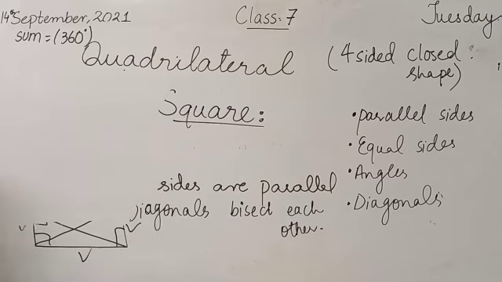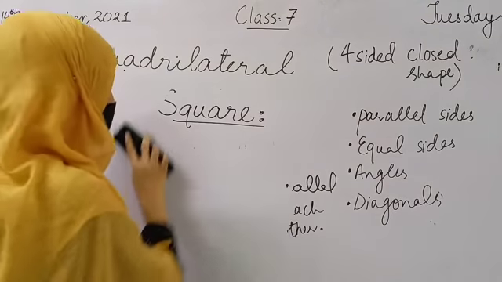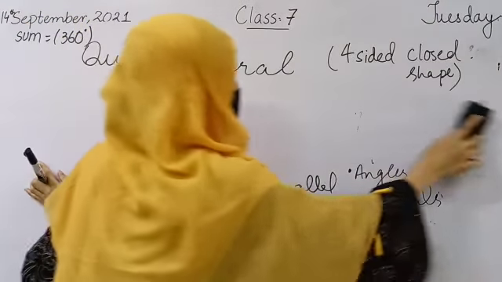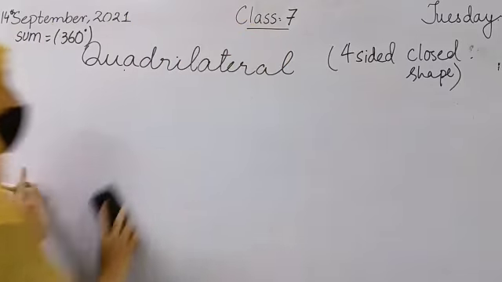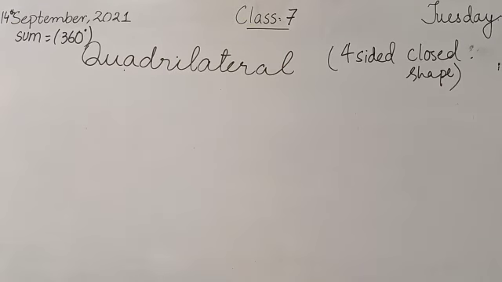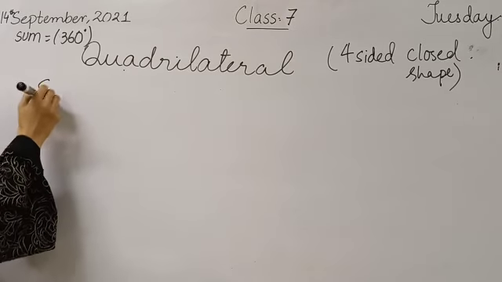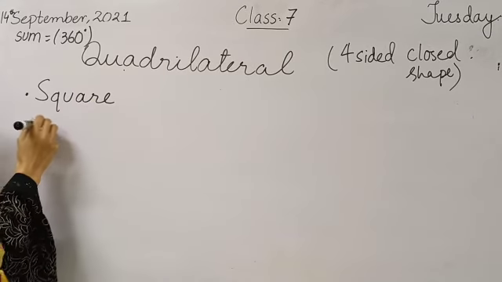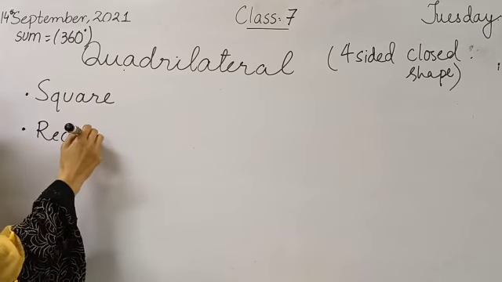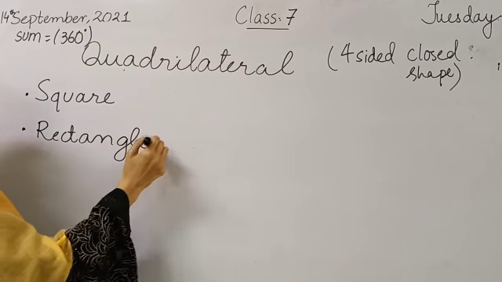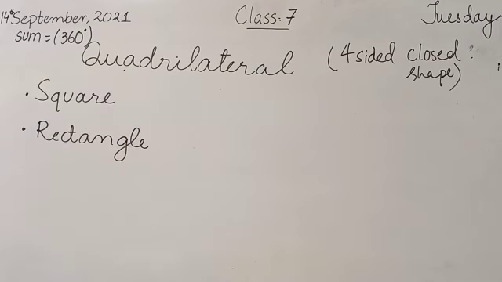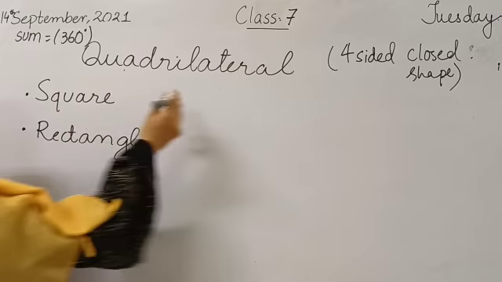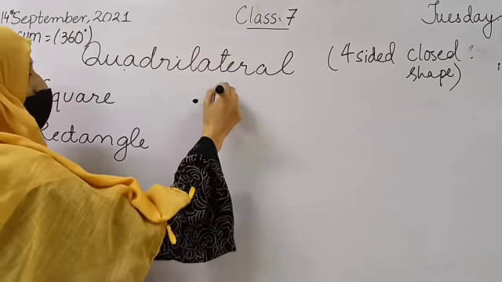And the sum of angles of all types of quadrilaterals is equal to 360 degrees. Okay. We have discussed square, rectangle. Now try to compare a square with rhombus.